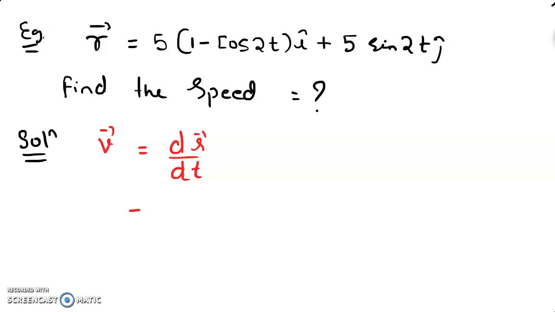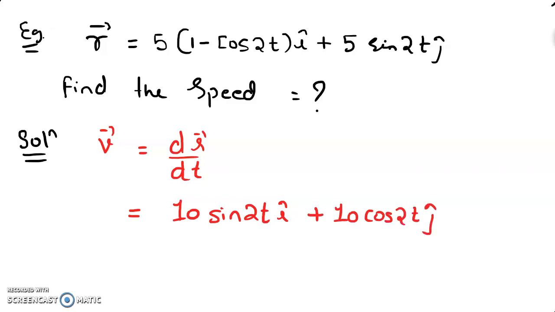It would be 10 sin 2t i cap, and plus, the differentiation of sine is cos, so 10 cos 2t j cap. So this is the velocity as a function of time.